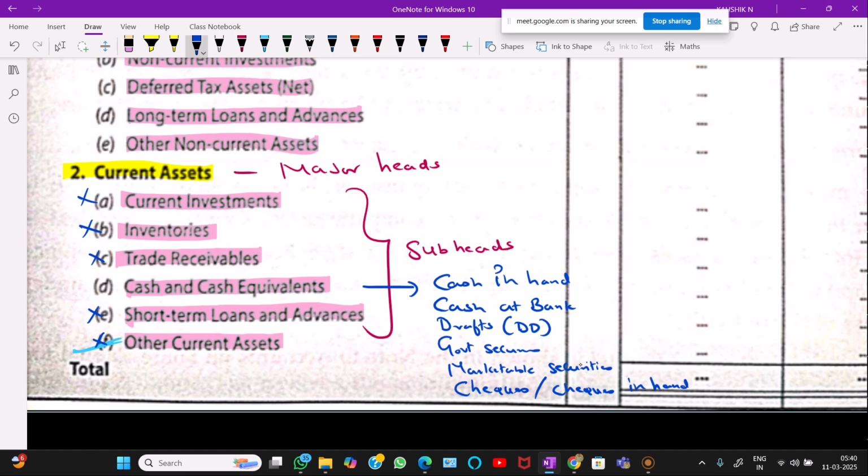Now you may ask, how come the check or check in hand is a part of cash and cash equivalent? A check is a negotiable instrument containing some portion of money, and it has been signed by the issuer addressing the banker to pay that money to the holder of the check.